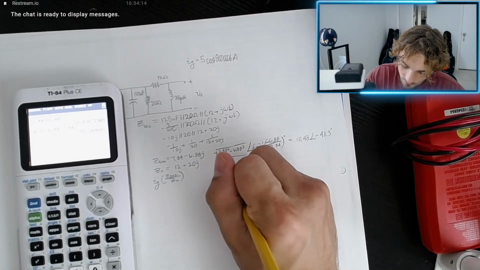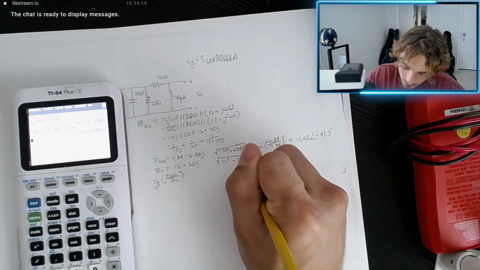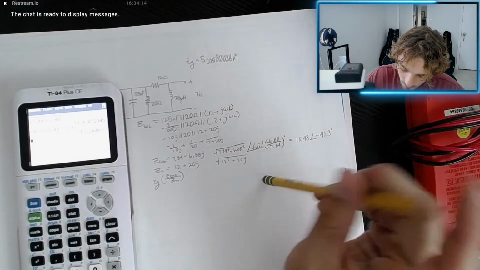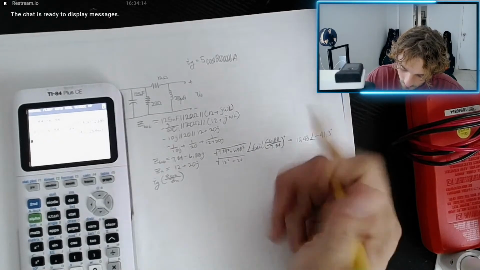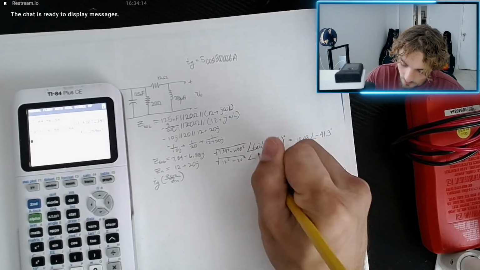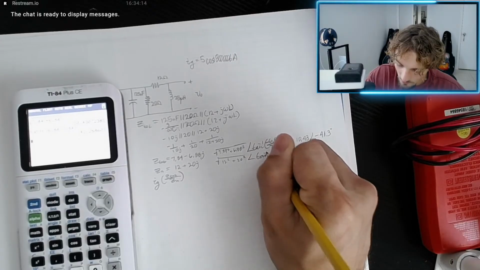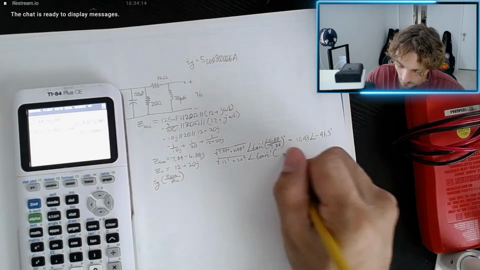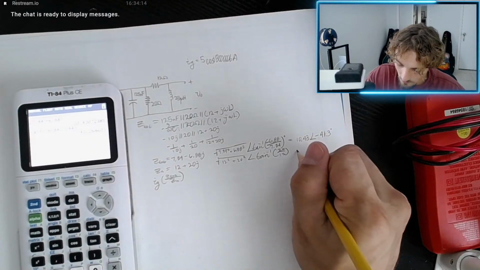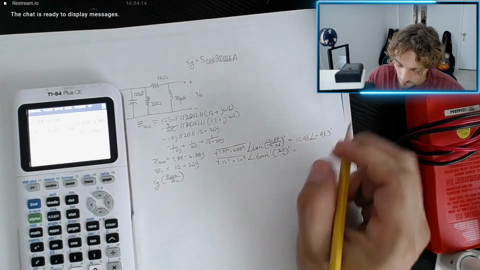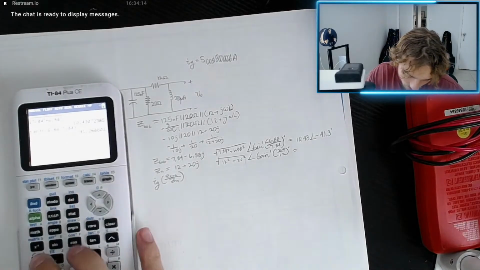Square root of 12 squared, 144, plus 20 squared. Sorry, I had a brain fart. Inverse tangent of 20 divided by 12 equals degrees. Oh, my lead's breaking, it's separating from the pencil.